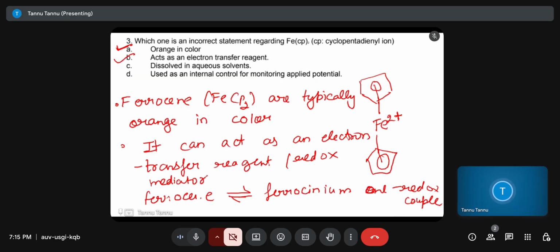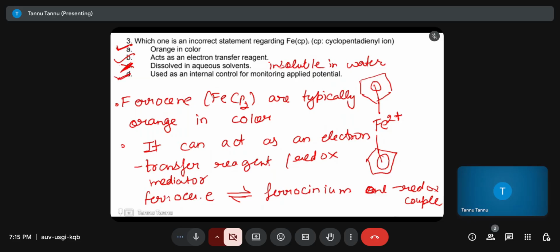Option B: it is dissolved in aqueous solvents. Ferrocenes are generally insoluble in water, so this is the incorrect statement. Use as an internal control for monitoring applied potentials: yes, this option is correct as we discussed.